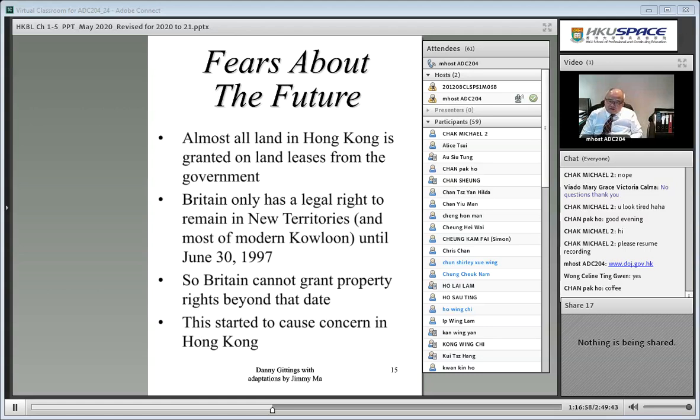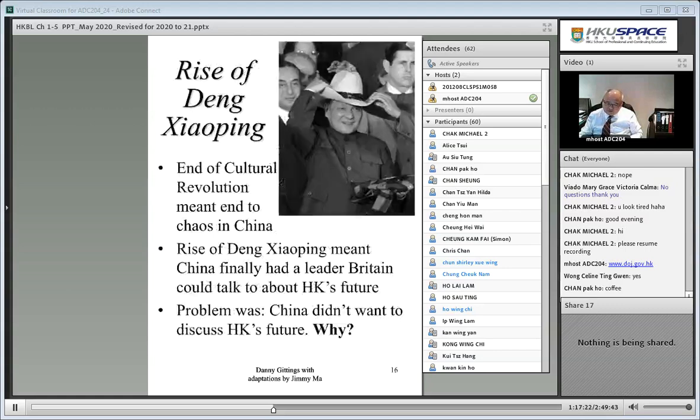So there was this great concern raised, and also the common desire among people to have the future of Hong Kong clarified, so as to give people the confidence to stay on in Hong Kong.